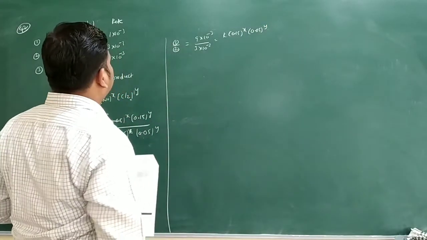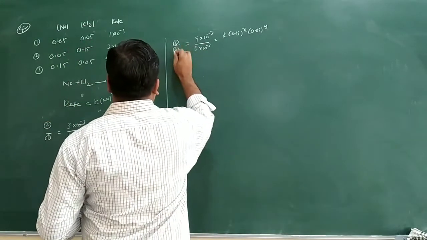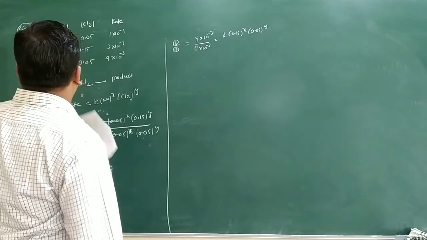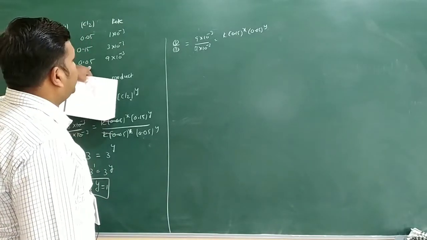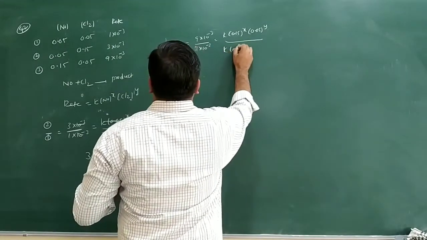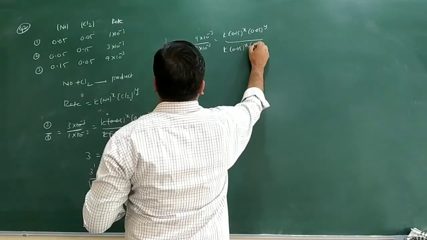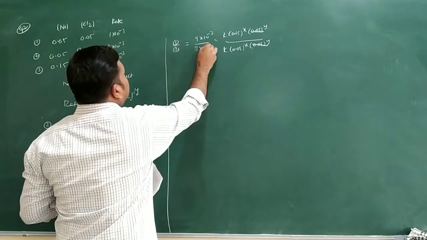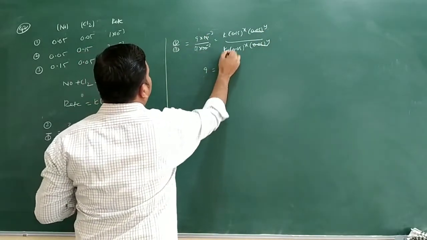Or you can take 1 here, better you take 1 here, it is easy to cancel there. If you take 1, 0.15 whole power x, 0.05 whole power y by, what will you get, this one? k into 0.05 whole power x into 0.05 whole power y. This cancels, 3 cancels, 9 is equal to, then what will you get?